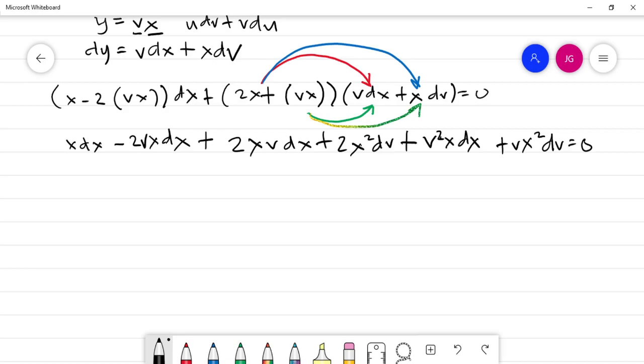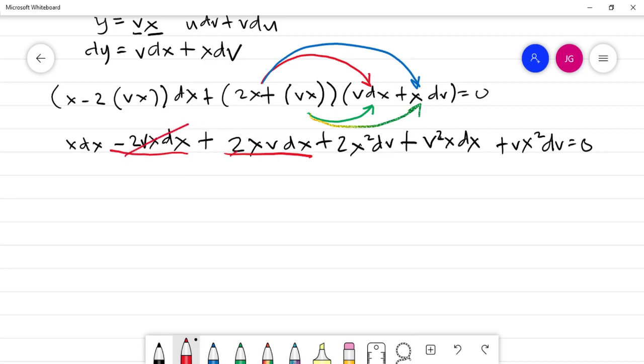Okay. Then afterwards, we look for the same variables. So this one and this one. They are not the same, not x squared. Then the fifth term is v squared x, and the sixth is vx squared. For this one, they are all the same, so cancel out.